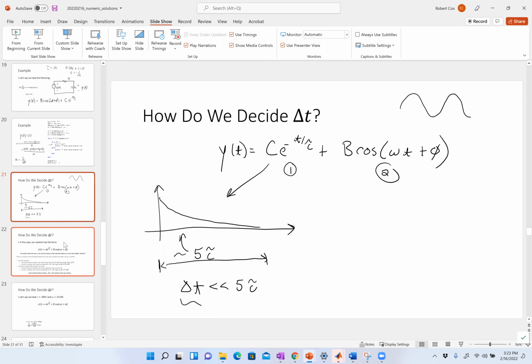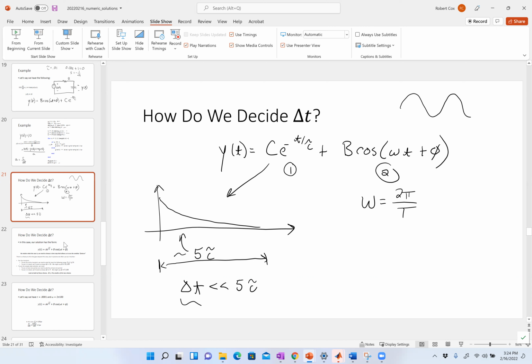What about this b cosine omega t plus phi? Can I get some timing on this guy? How fast is this b cosine omega t changing? Well, it's based on the period, based on the frequency, right? So when I look at this, how does omega relate to the period? 2 pi over T. Okay.